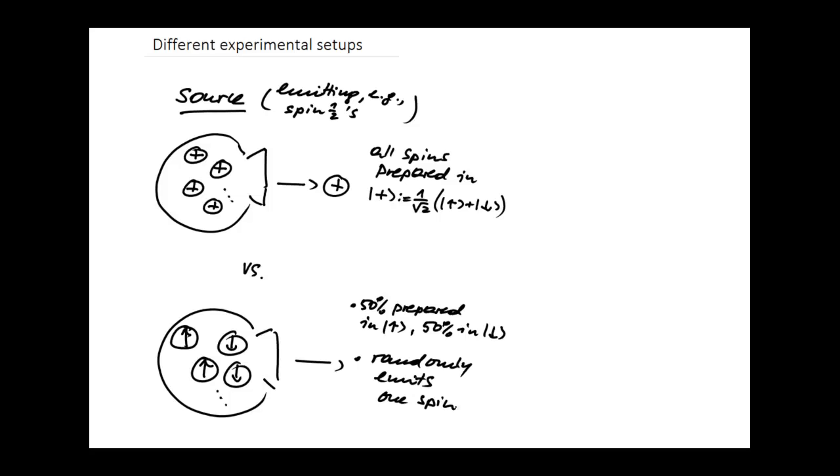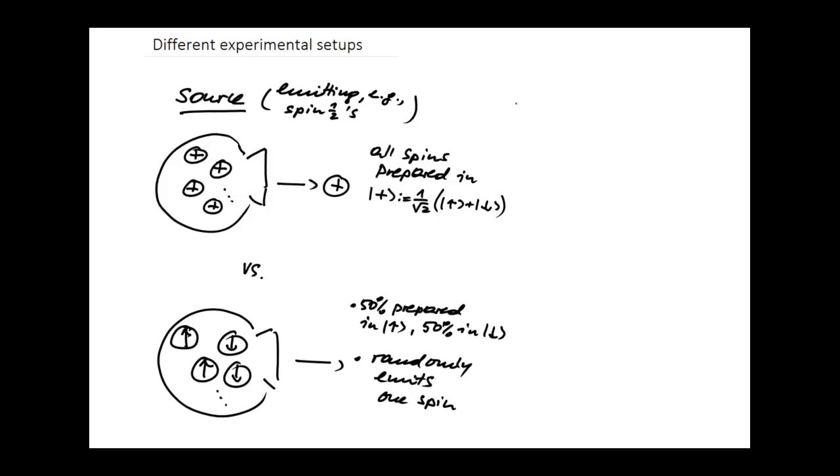And my source randomly picks one of these spins and randomly emits one spin. So whereas in the first case, I know the spin that is emitted by the source is in a superposition state of spin up and spin down, in the second case, all I can say is that the spin that's emitted by the source is with 50% probability a spin up and with 50% probability a spin down.